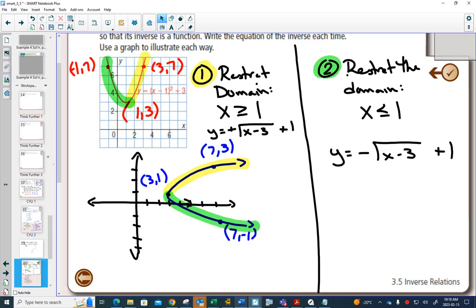So if you had 2 graphs, I would draw this half of the parabola and this inverse. This half of the parabola and this inverse. And draw them separately. I color-coded them for this example. So questions for practice on this, circle 10 and 12.